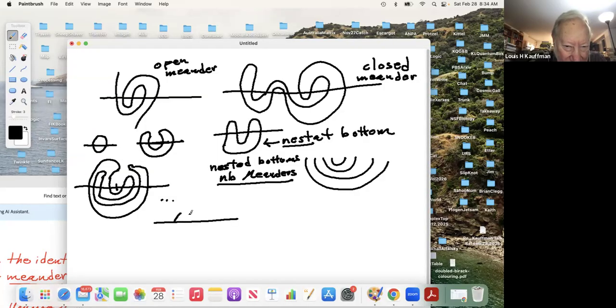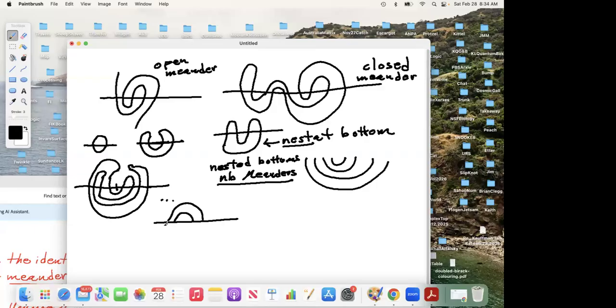So up on the top, you have what's on the left. Excuse me, what's the induction procedure? If you have all meanders of one length, how do you?